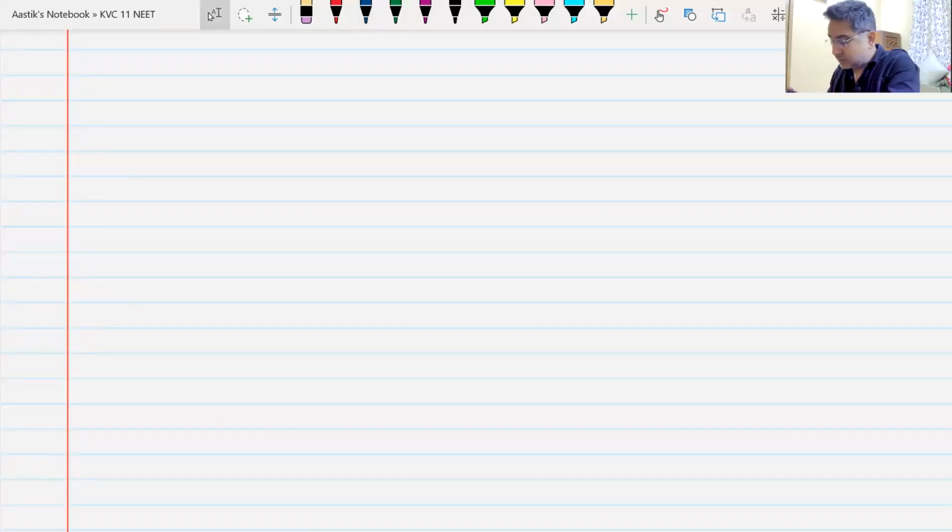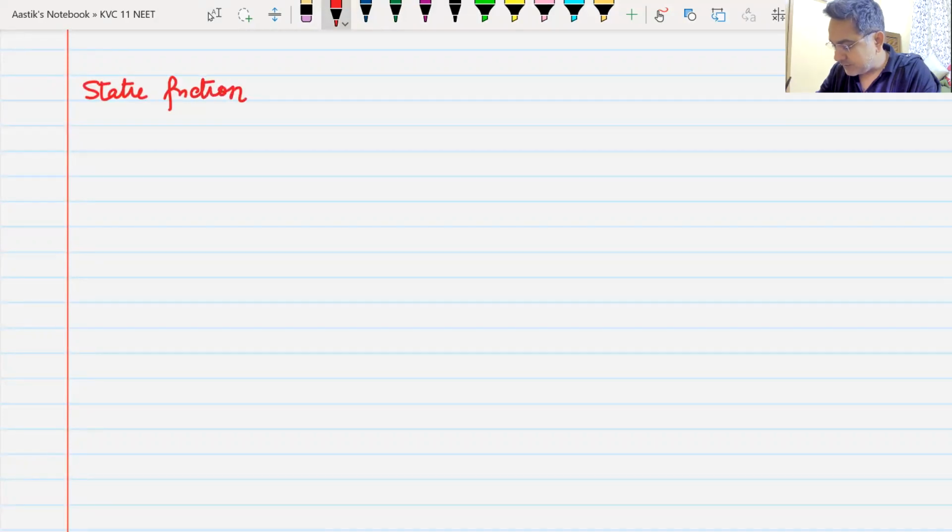Chalo, that takes us to the last variety of friction, which is known as static friction. Now, what is static friction, and when does it come into the picture? Whenever two bodies are moving with respect to each other, there is relative motion between them, and the type of friction is kinetic. It could be sliding, it could be rolling. However, when the two bodies are not moving with respect to each other, there is no relative motion between the two.